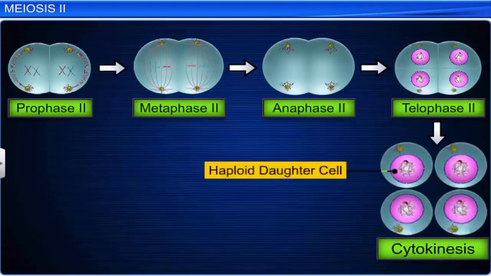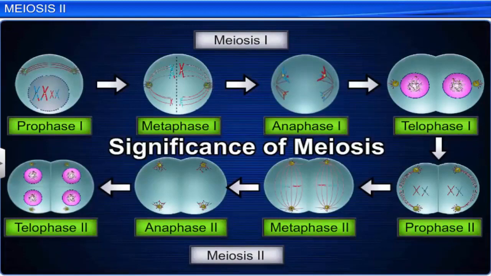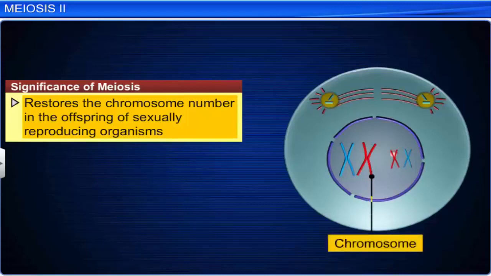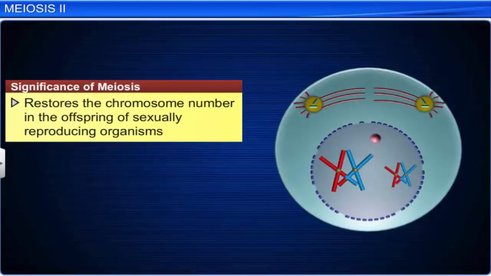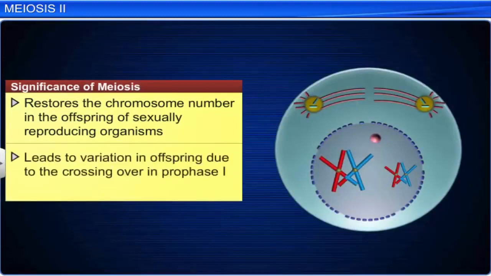Meiosis is a significant process in sexually reproducing organisms. Meiosis in germ cells, followed by the fertilization of gametes, restores the chromosome number in the offspring of sexually reproducing organisms. Another significant feature of meiosis is that it leads to variation in offspring due to the crossing over in prophase I, during which genetic materials recombine.